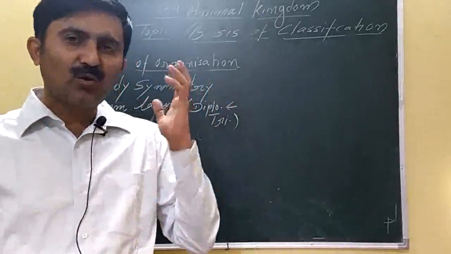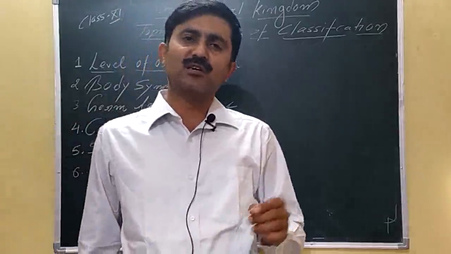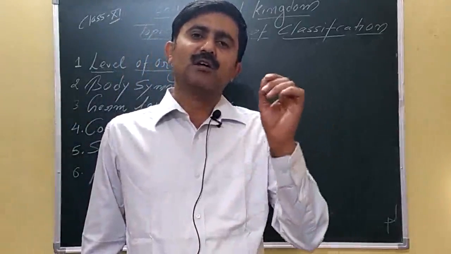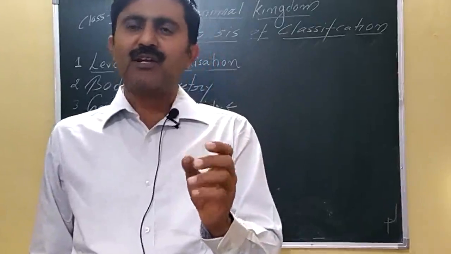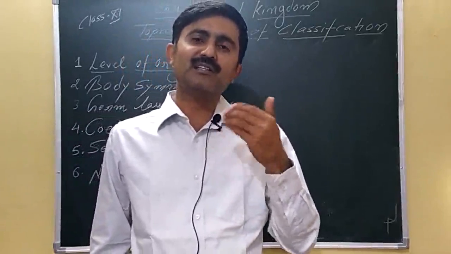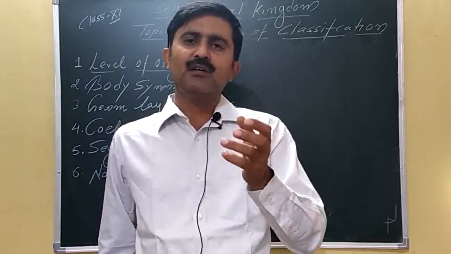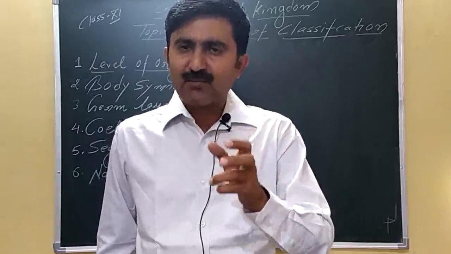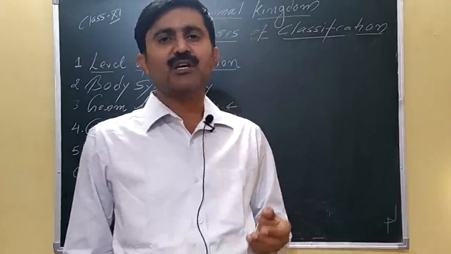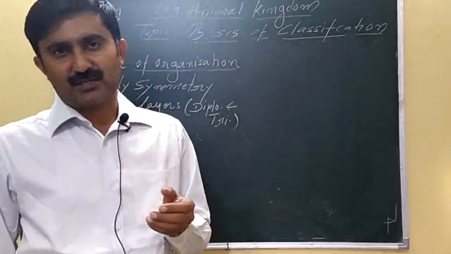So in lower organisms, these germinal layers are only two. These are called diploblastic. When three cell layers are found in the developing embryo, or three germinal layers are found, then it is called triploblastic.